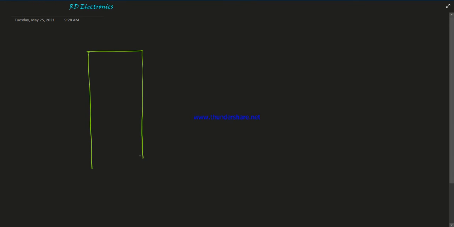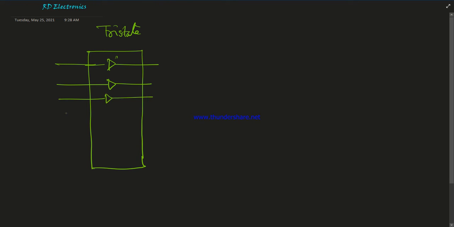So here we connect one tri-state buffer. There are 8 internal tri-state buffers connected: this is 3, this is 4, this is 5, this is 6, this is 7, and this is 8.